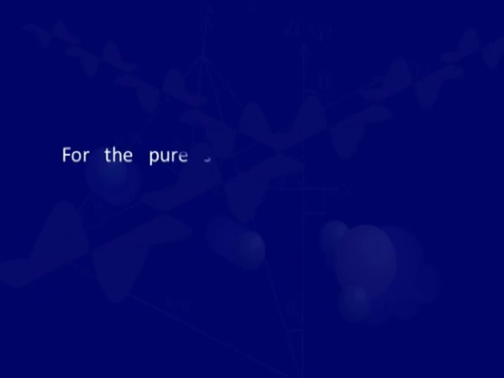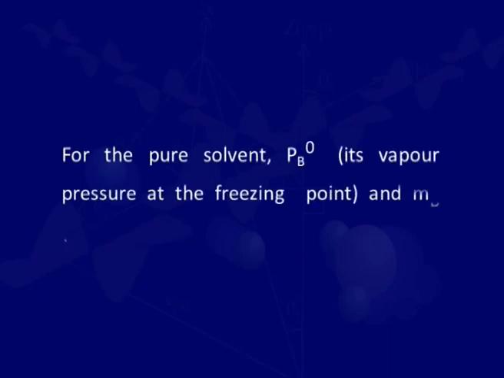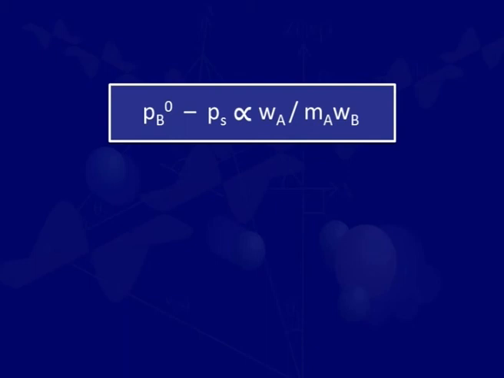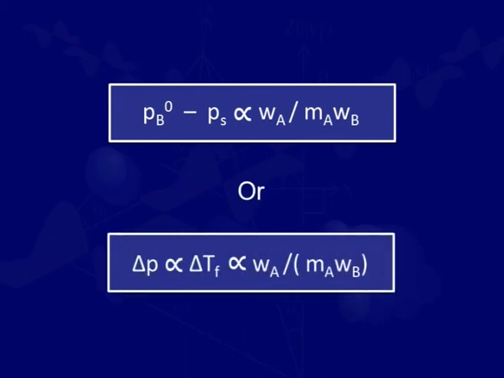For the pure solvent, P0B and its molecular mass Mb will always remain constant. Therefore, P0B minus Ps is directly proportional to Wa upon Ma into Wb, or delta P is directly proportional to delta Tf, which is directly proportional to Wa upon Ma into Wb.